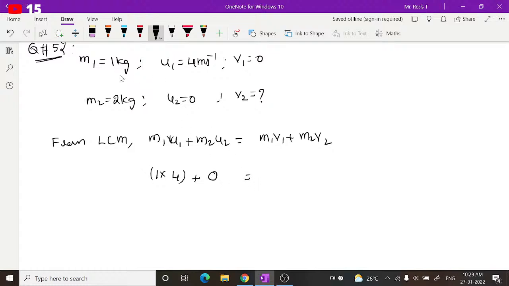It is equal to m1 is again 1 and v1 is 0, so this term is 0, plus m2 is 2 into v2. We want to find this now. On simplifying, 1 into 4, 4 is equal to 2v2. So 2 times it goes. So the final velocity of the heavier body is 2 meters per second.